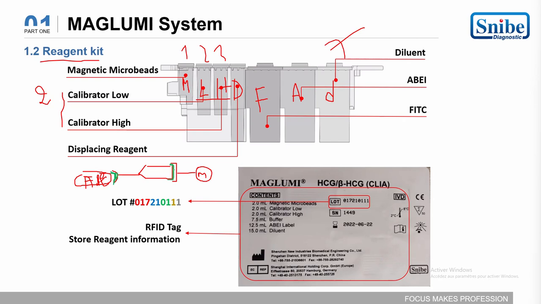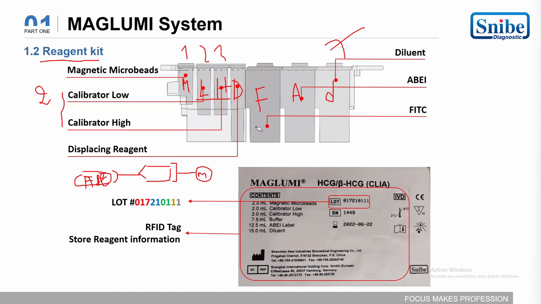So we use this kind of reagent, the displacing reagent, to remove these proteins from the labeling material and allow the microbeads to link with the target material. So this is why we use the displacing reagent.